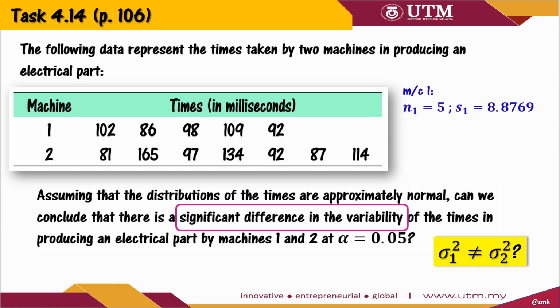Whereas from machine 2, we have N2 equal to 7 and S2 can be found to be 30.2214. Based on this information, we can then proceed with performing a statistical test on whether the variances are the same or different at the level of significance alpha equal to 0.05.